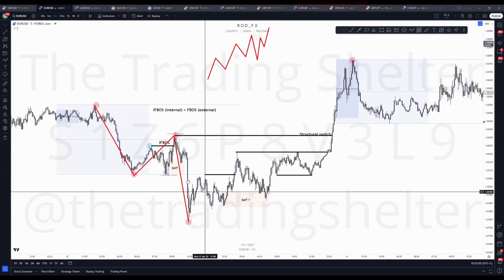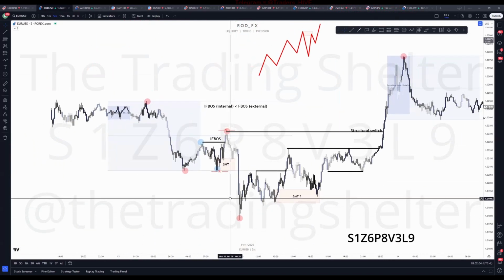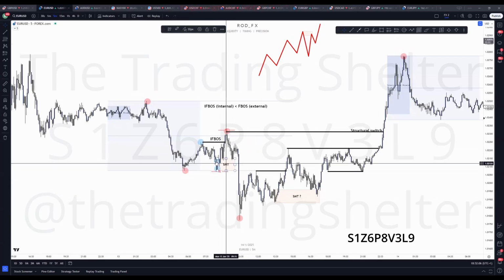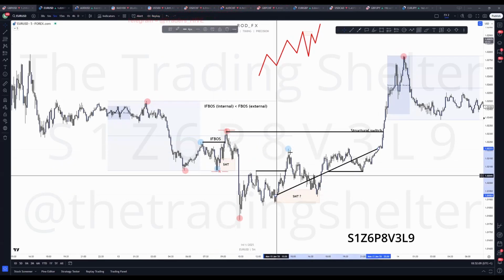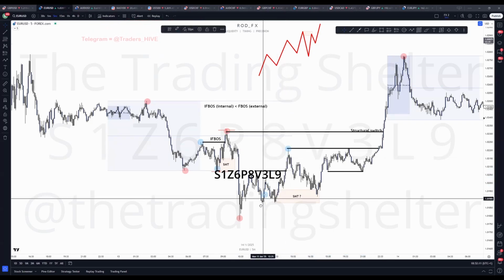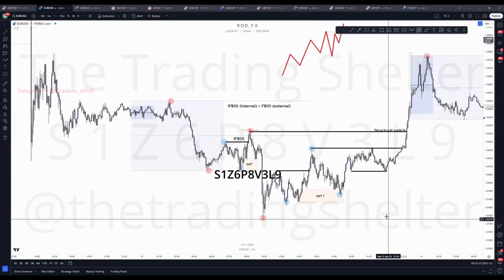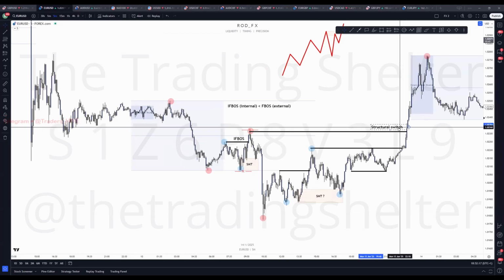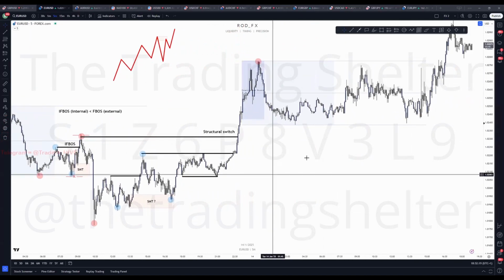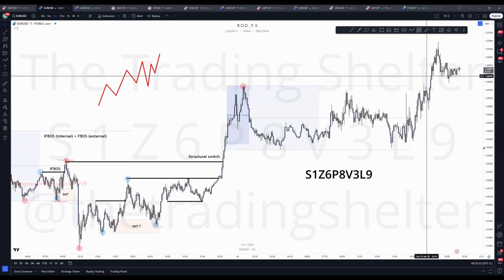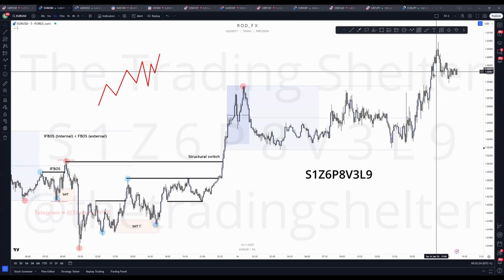Do you see it? Do you guys see it? Yes or no? Where it's switching in structure. And look at the next day. This is EU today.